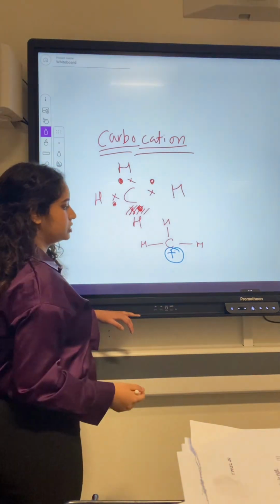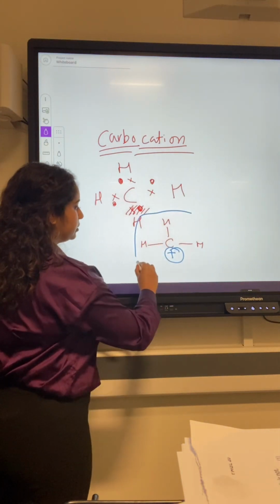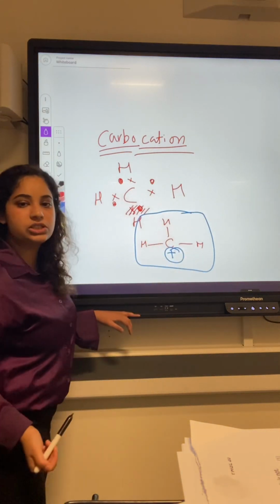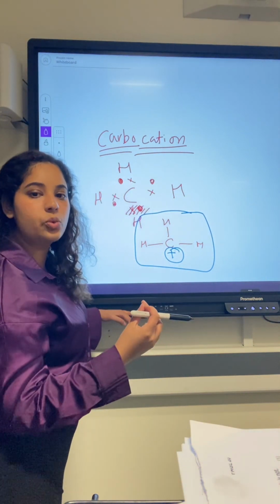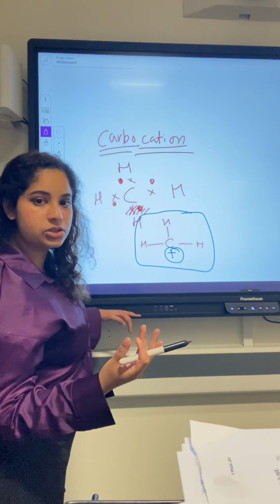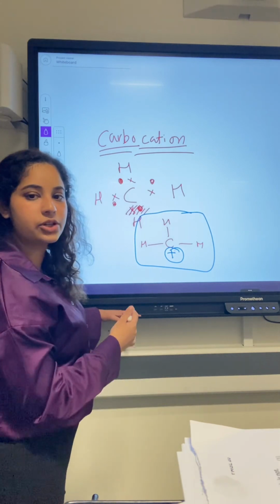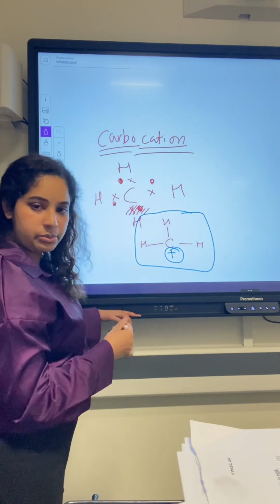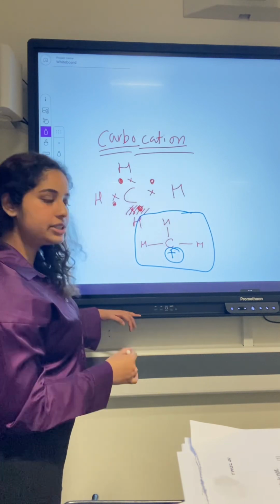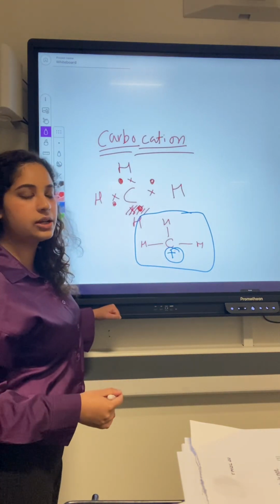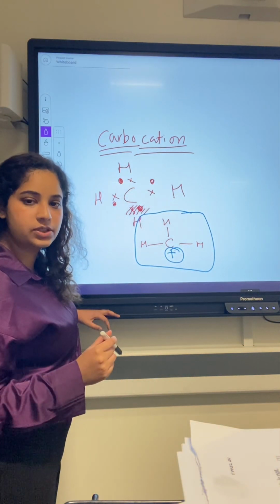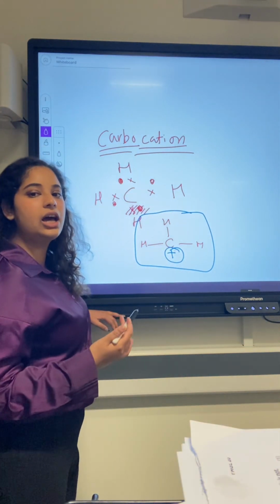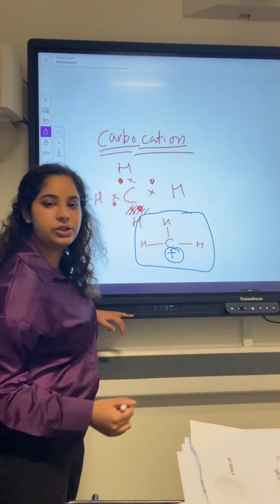A carbocation is formed because we're losing one bond, and when we lose one bond, we're losing a bonding pair of electrons, or shared pair of electrons, that forms the covalent bond. The carbon becomes electron deficient, therefore it becomes positively charged. So this is how a carbocation is formed. Next lesson we will look at how these carbocations can be used in a reaction.